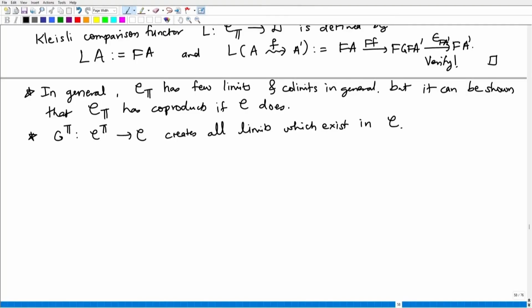Whenever you want to construct some kind of limit, you construct that limit of underlying sets in category of sets, and then you appropriately give it a group structure. Yes, that's what we are saying here. Moreover, if T preserves co-limits of shape J, then G creates them.